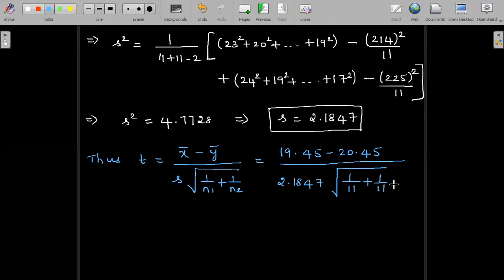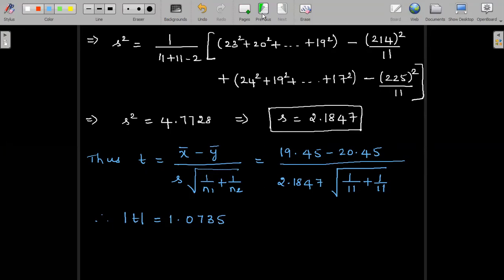Here both N1 and N2 are equal to N, which is equal to 11. So evaluating this, modulus of t is equal to 1.0735. This we compare with the given t value.